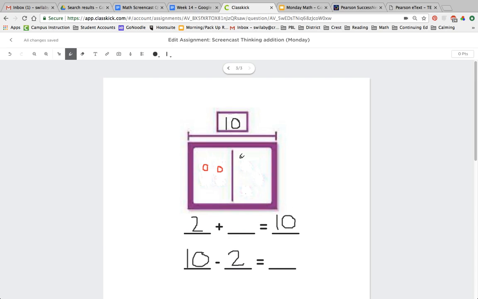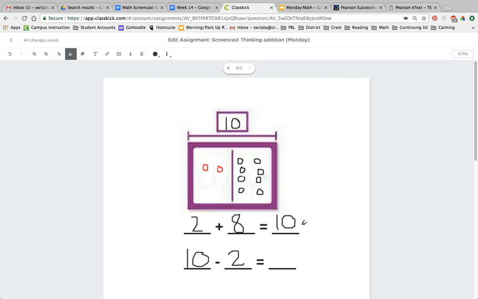So if I have 2 and I need to get to 10, 3, 4, 5, 6, 7, 8, 9, 10. I can see that I added 8 more to get to 10, so my missing part was 8.